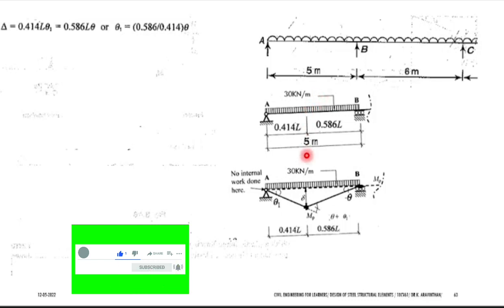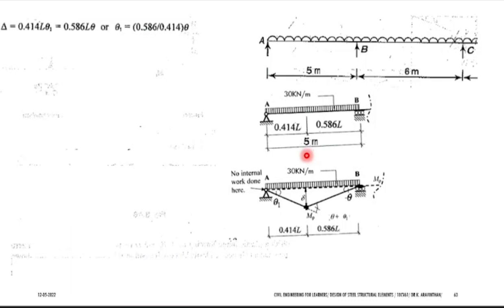But here one end has a negative moment and one end has 0 moment, in the sense that you will get the plastic hinge somewhere around 0.414 and 0.586. So this is that equation. You have a derivation for that, but we are not interested now. Exactly at this point you will get the plastic hinge.